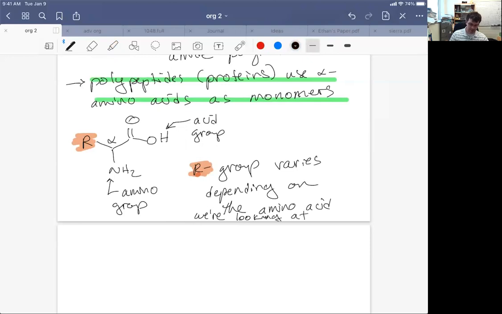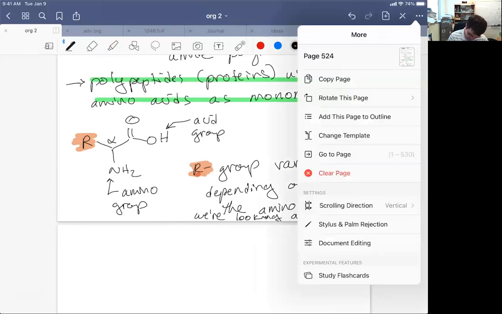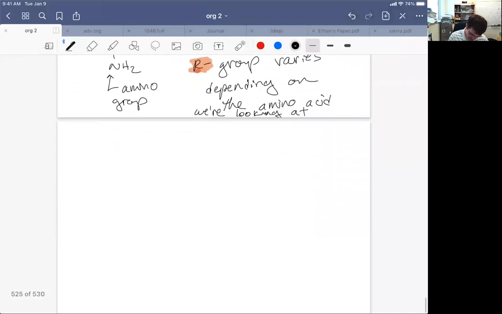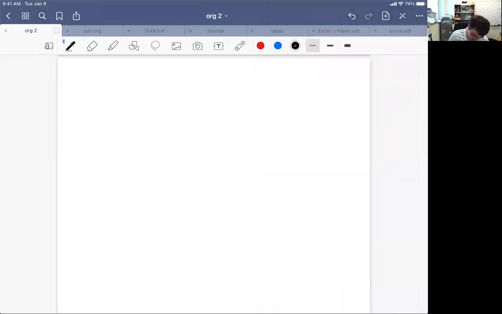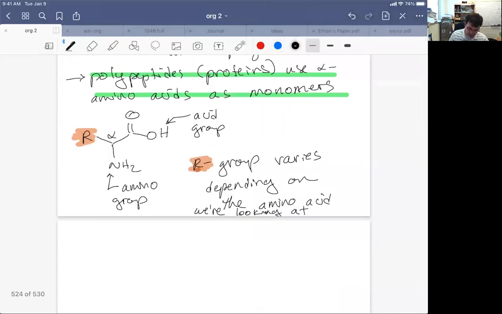I'll delete this extra page later. So the R group varies depending on the amino acid that we're looking at.